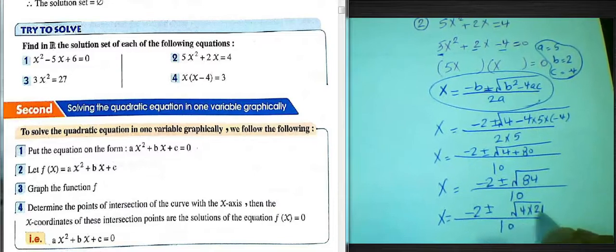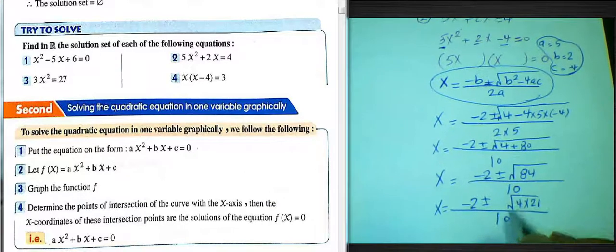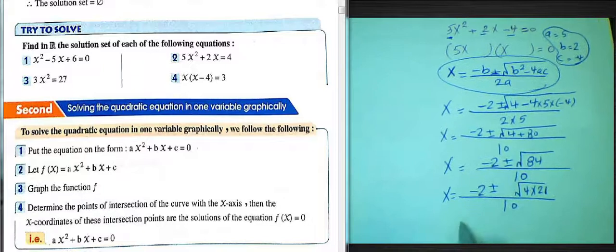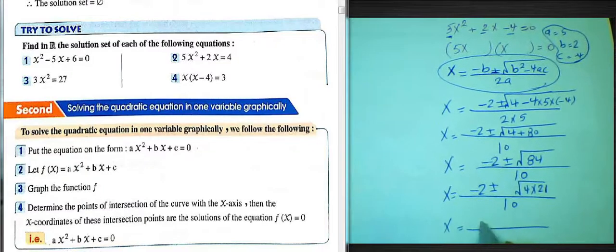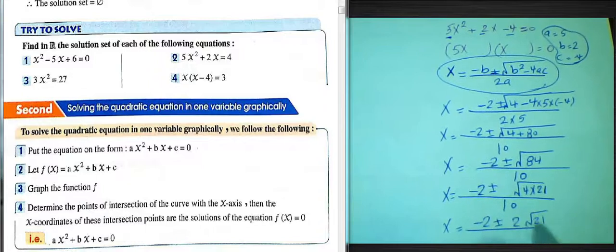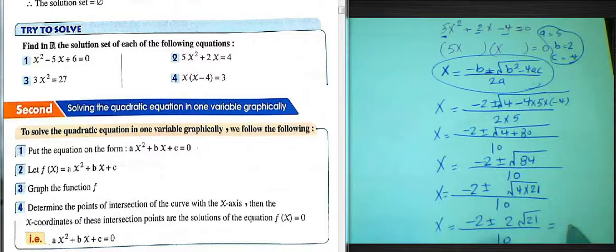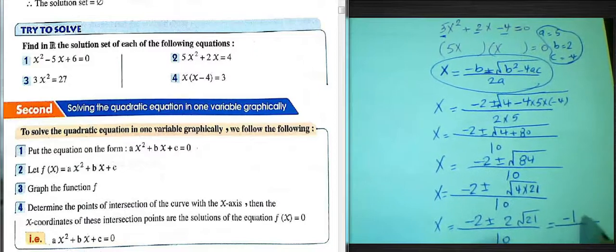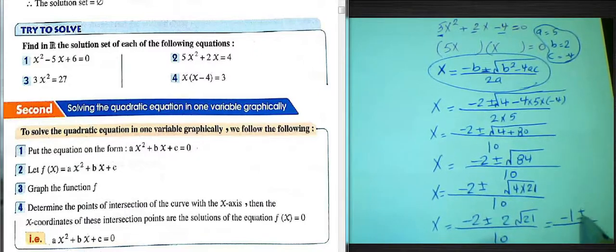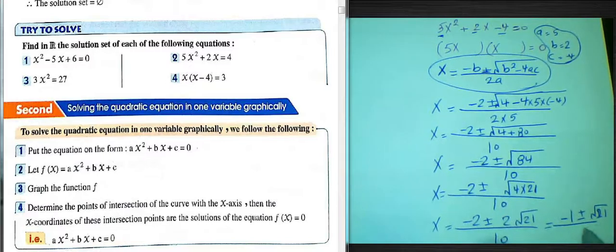Because 4 times 21 equals 84, and then we can find the result: x equals negative 2, positive or negative 2 square root of 21, over 10, and simplifying by dividing numerator and denominator by 2, the result will be negative 1 plus or minus square root of 21 over 5.